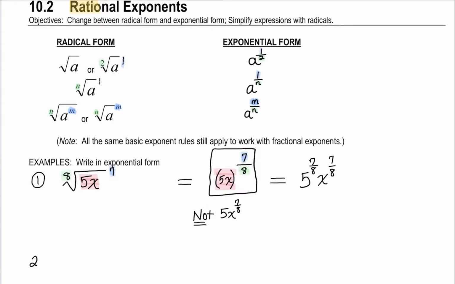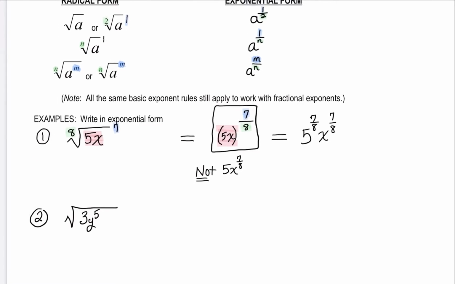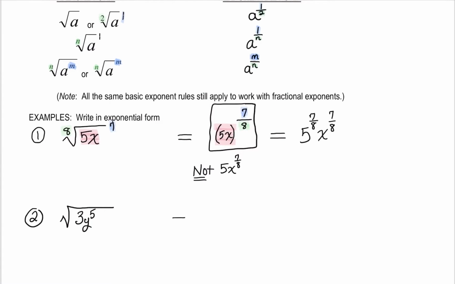All right, number 2, let's look at another example here. Let's just say I have the square root of 3y to the 5th. In this situation, that 5, that exponent, is only applying to the y. It's not applying to the 3.